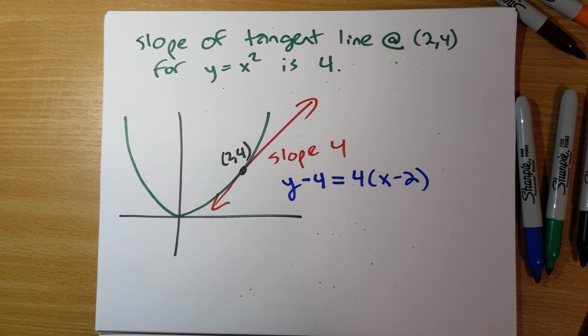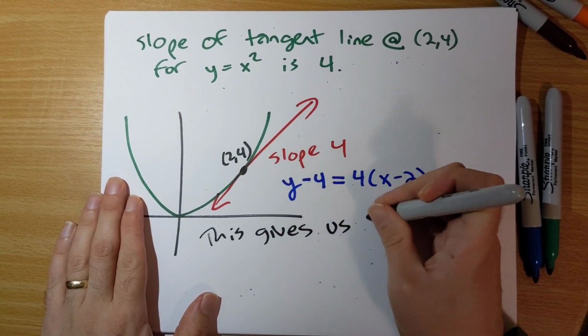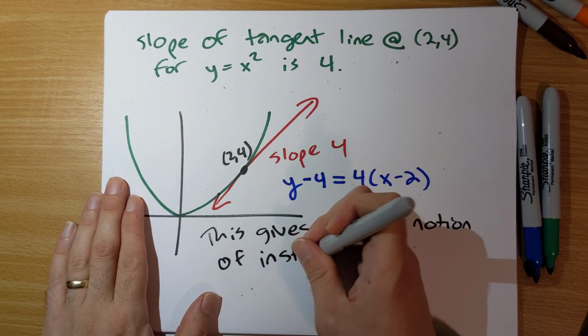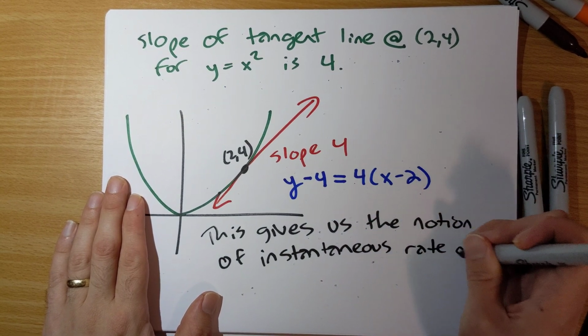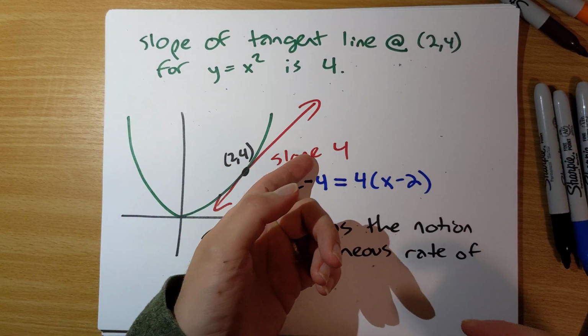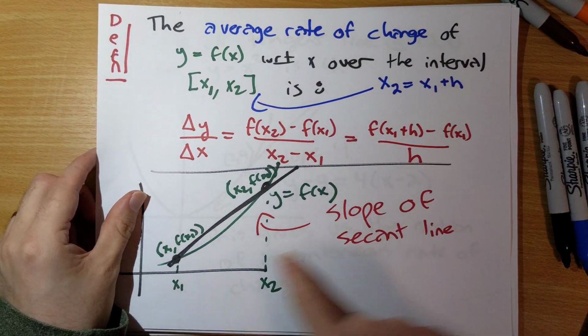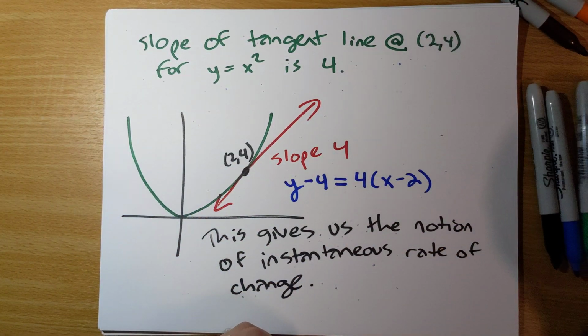Okay, so this idea gives us the notion of the instantaneous rate of change. Before, we had the average rate of change defined in this way. What is the instantaneous rate of change?